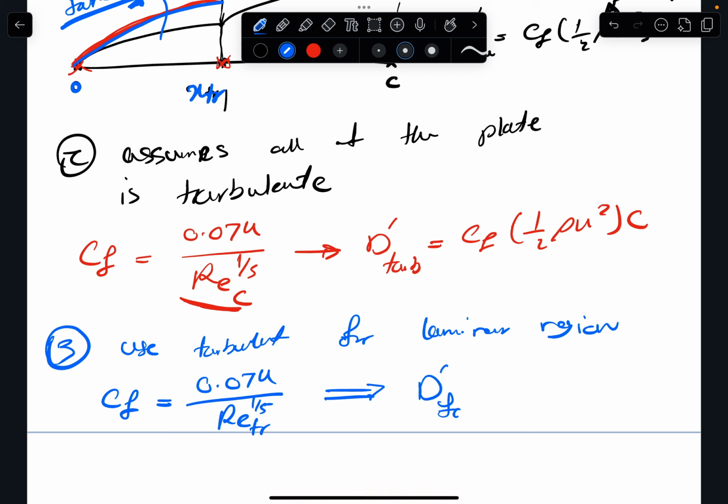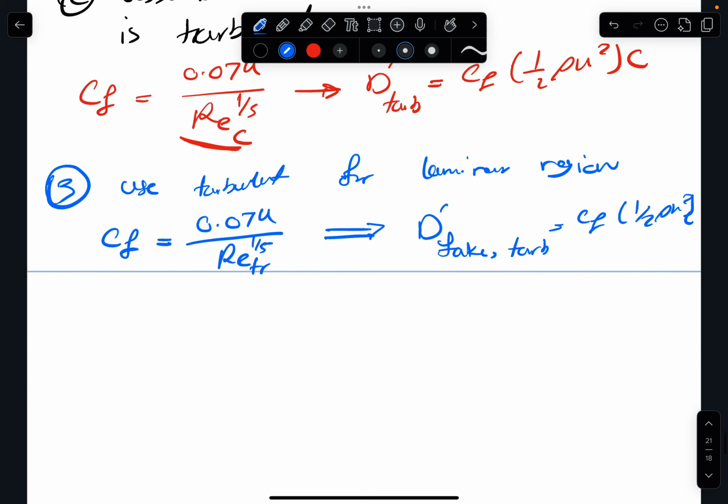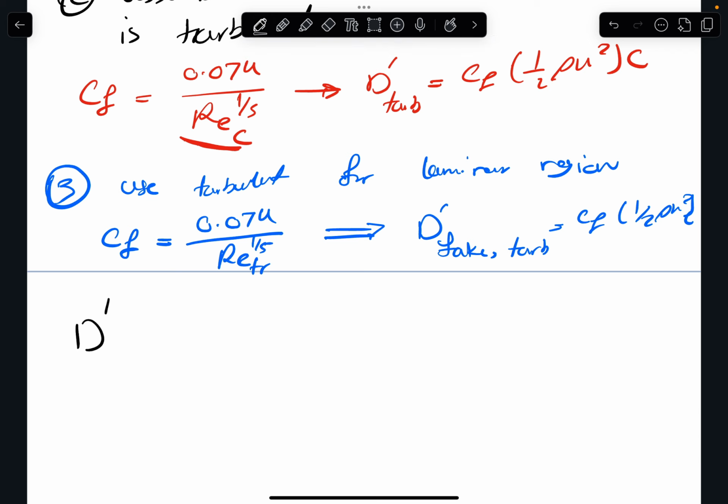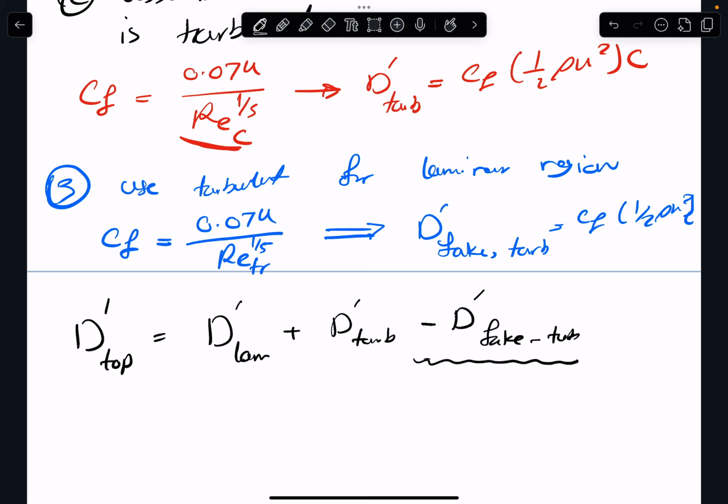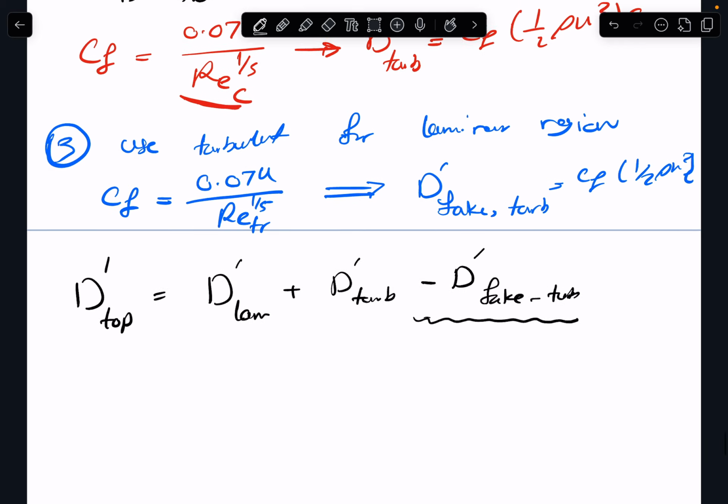I'm going to call this fake turbulence, which is CF, the newly calculated CF multiplied by 1/2 rho V squared multiplied by C. And eventually, the total drag force on the top of the airfoil is going to be equal to the laminar drag force plus the turbulent drag force minus the fake turbulent drag force. So we have removed the laminar part from the turbulent calculations.